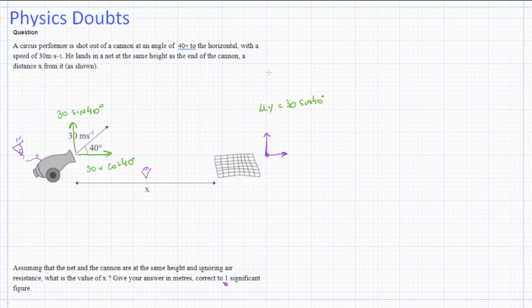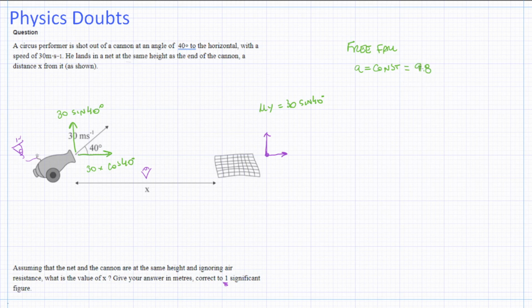So this motion up and down is what we call free fall. In a movement such as free fall, we have some important information. The first one is that our acceleration is constant, and not only is it constant, we know the value. We assume it to be around 9.8 when it's not given, or around 10.